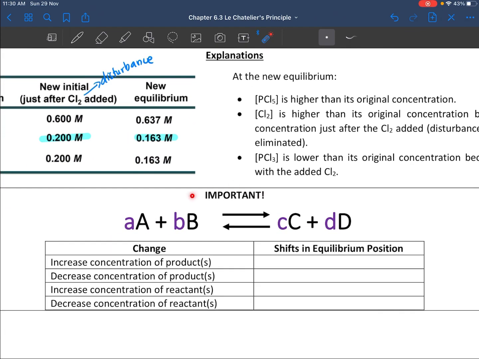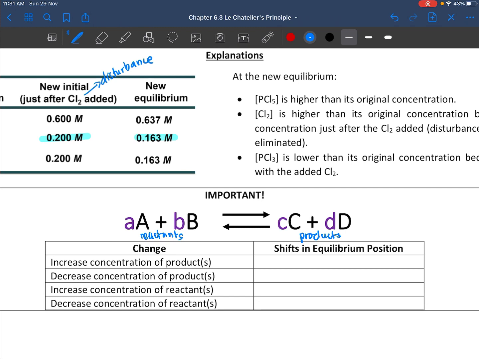Ini more important ni, macam conclusion dia lah. Okay, so conclusion dia kita tengok. Ini equation dia. Okay, so kalau kita increase the concentration of product. Okay, so kita clarify dulu. So, this one A and B adalah reactants. And then this is product.